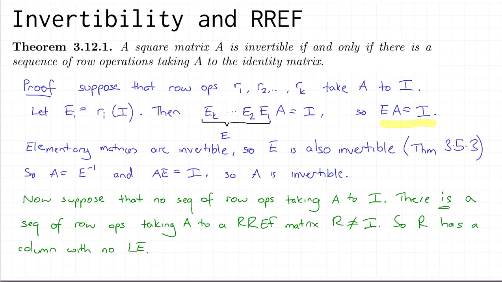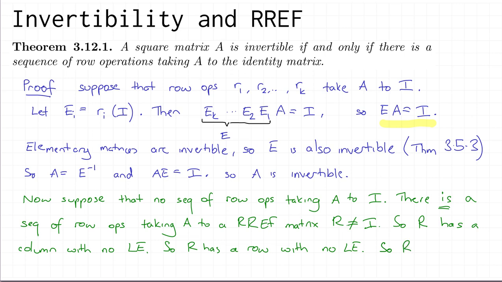So there must be a row with no leading entry, because there is less than n leading entries. So LE is short for leading entry as usual. Okay, so R has a zero row.